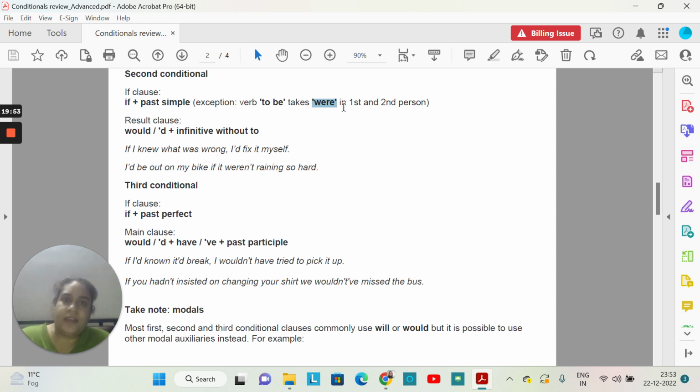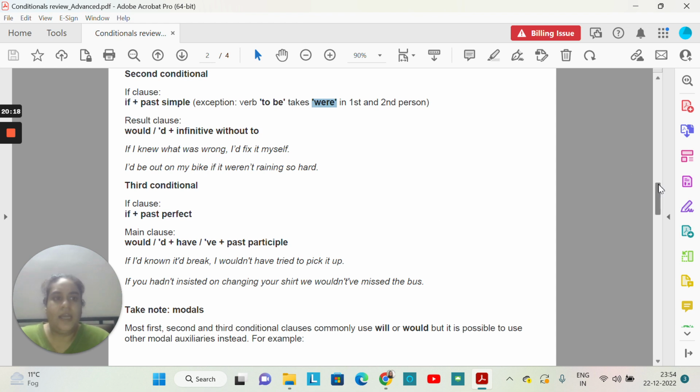If you were there, you would have helped me out. You can frame anything like this. So let's look at an example here again. If I knew what was wrong, I'd fix it myself. I'd be out on my bike if it weren't raining so hard. Again, another style of framing a sentence.